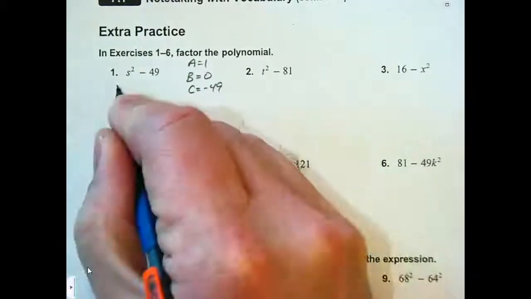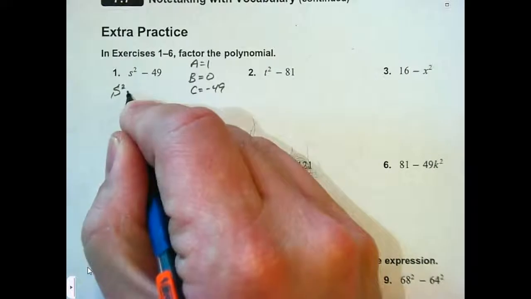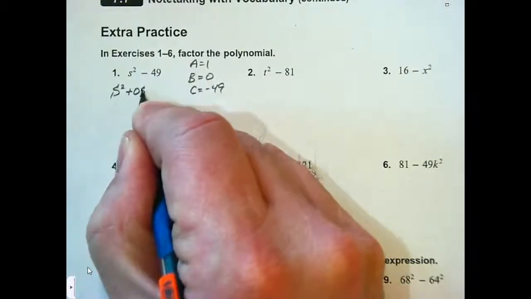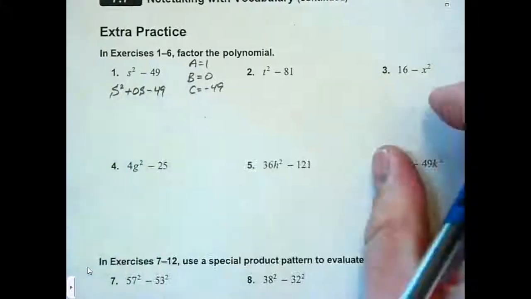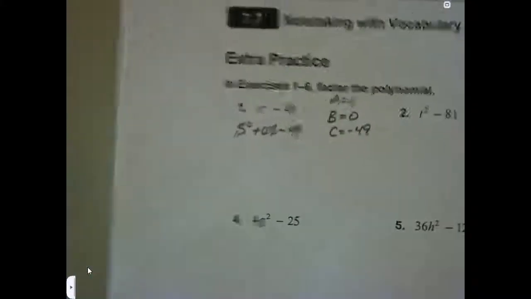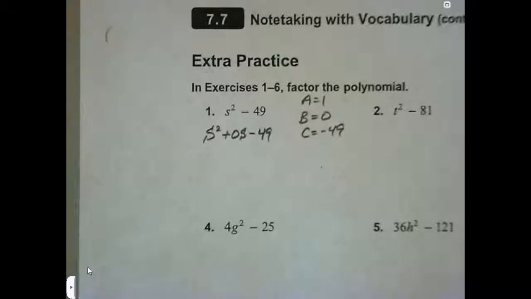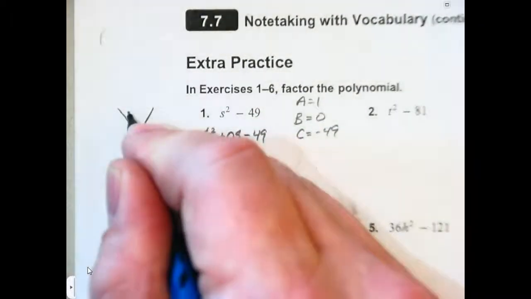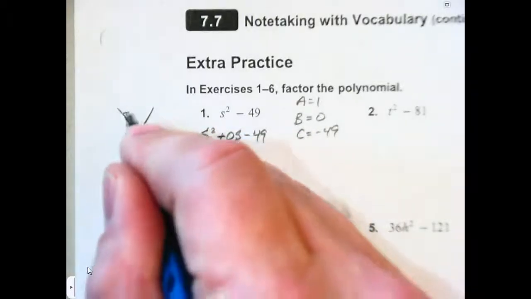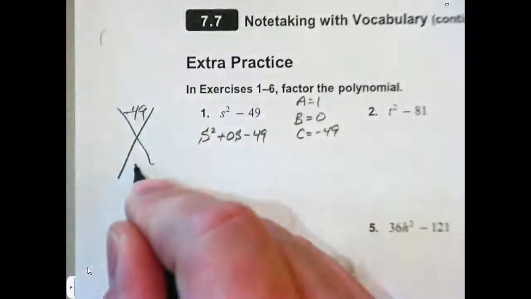So really, if we wanted to, we could write this as s squared plus 0s minus 49. That's why we don't see an s there. Now if we're using the diamond method, or Lizzie's method, however you want to reference it, what would go here? Negative 49. And what would go here? 0.